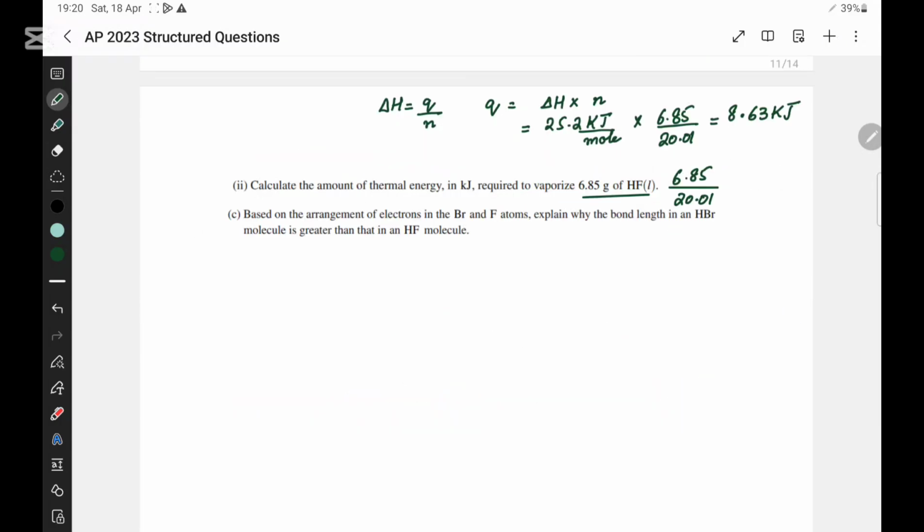So based on the arrangement of electrons in bromine and fluorine, explain why the bond length in an HBr molecule is greater than that of an HF molecule.